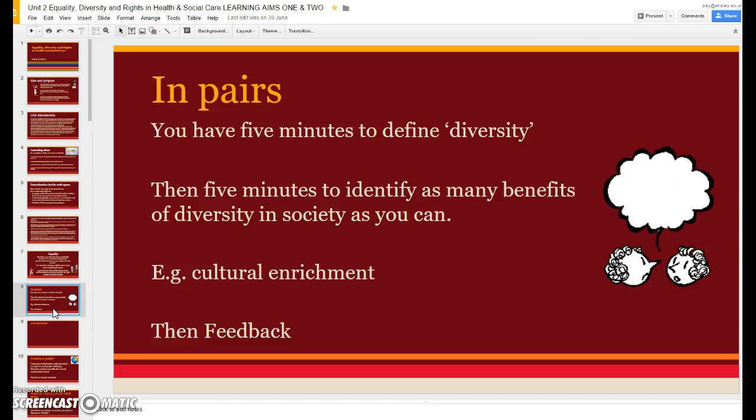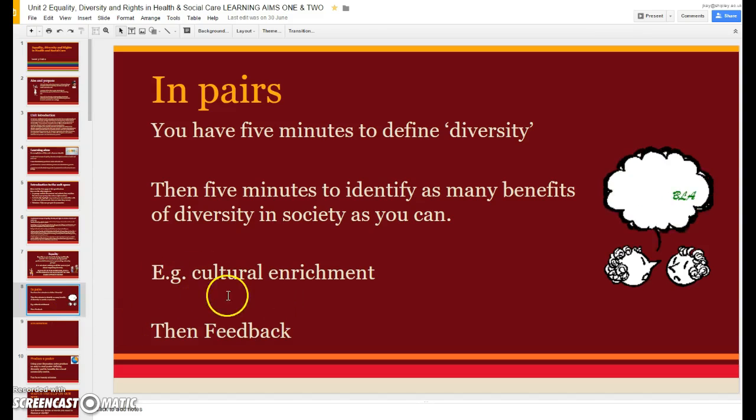In pairs, I would like you to spend 5 minutes, please, if you can, defining the word diversity. I don't want Google's definition. I would like your own definition. I would like you to write this down. Once you've written down your definition, please can you think of as many benefits as you can to having a society that is diverse.